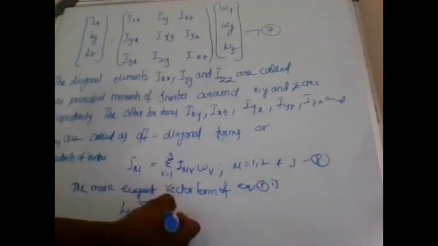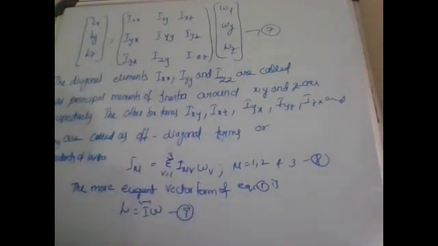This is equation 9. Here ω is the vector with three components, ω_x, ω_y and ω_z, and I stands for an operator called a tensor. It has rank 2 with 9 components.